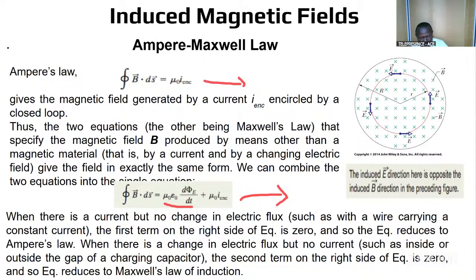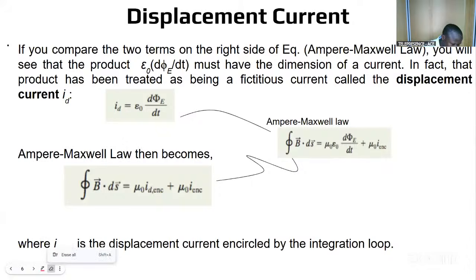Also, if there is a change in electric flux but no current, this aspect of the equation will be zero, and the equation will be reduced to Maxwell's law of induction.